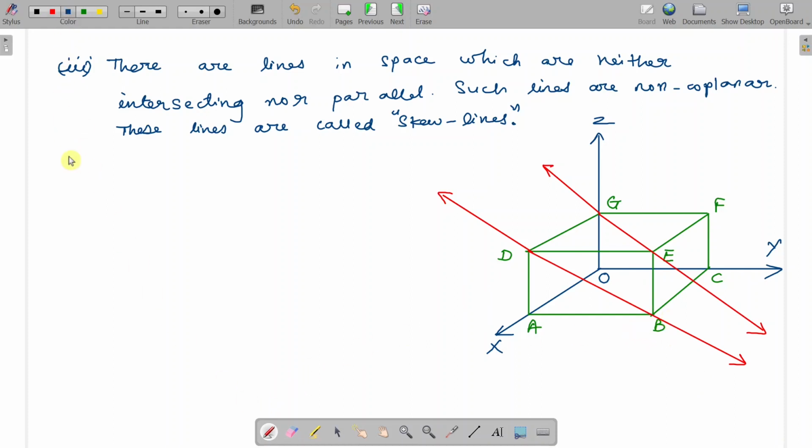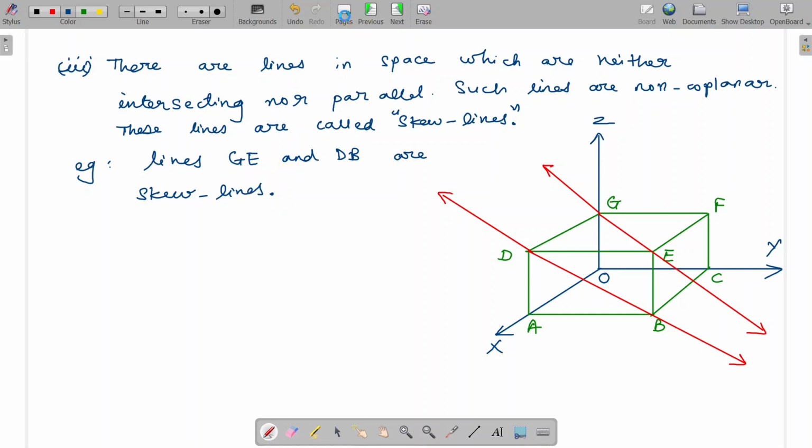So example, lines GE and DB are skew lines.